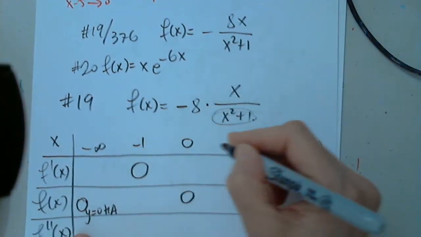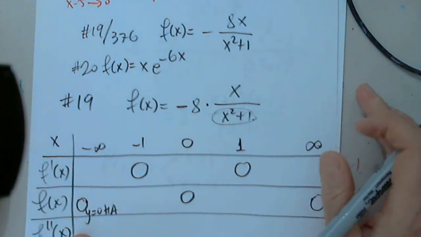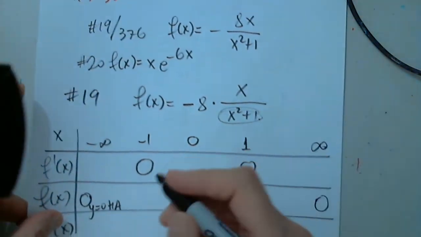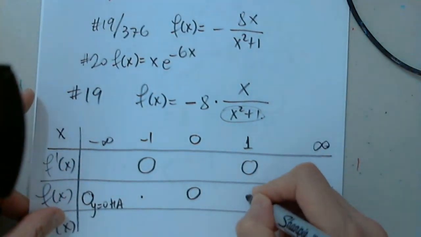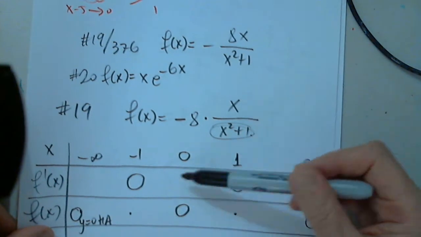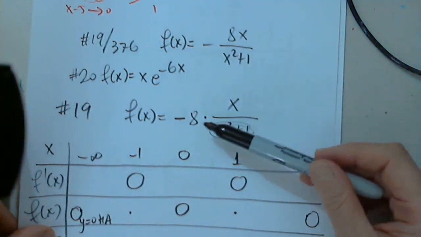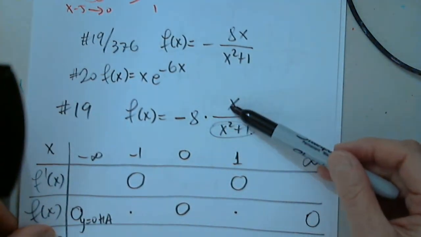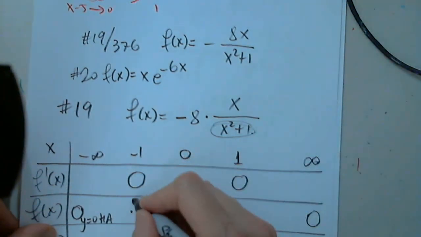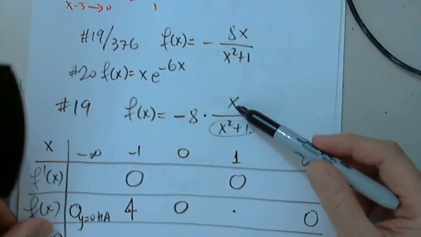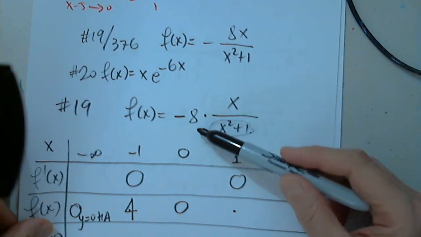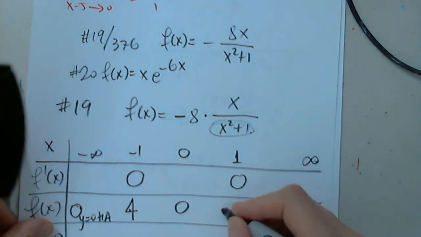Negative 1, 1. At this point, I have to find these values. So negative 1 is positive 8 over 2. 1. Negative 8 over 2.